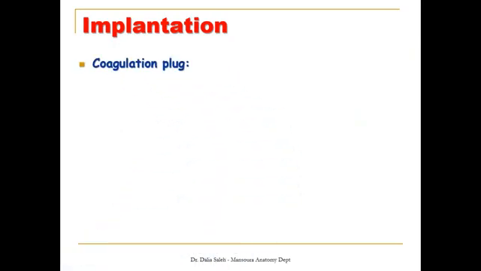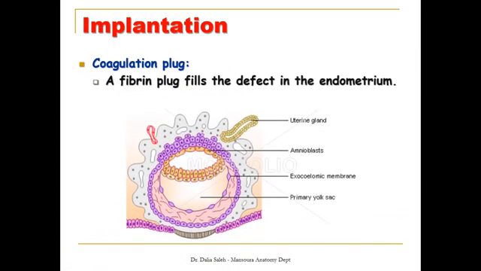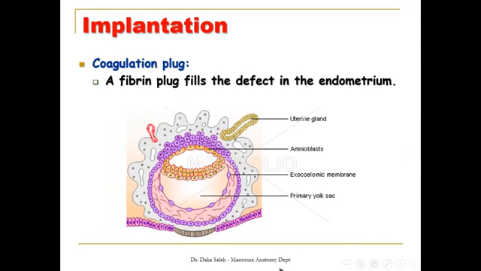Finally, the coagulation plug will form, and it is formed of a fibrin plug that fills the defect in the endometrium where the syncytial trophoblast opened a gap in order for the blastula to migrate inside the endometrium. So this defect will be closed by a fibrin plug. Later on, the endometrial cells will grow and repair this defect.